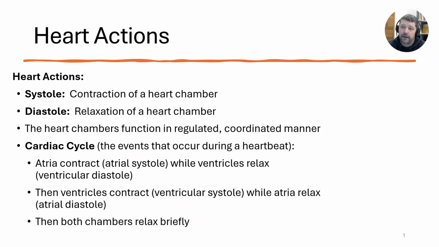And while that's going on, the ventricles are relaxing. Then when the ventricles contract, or go through systole, the atria relax and become diastolic. And then at the very end of the heartbeat, both chambers will relax. They'll both be in diastolic positioning.